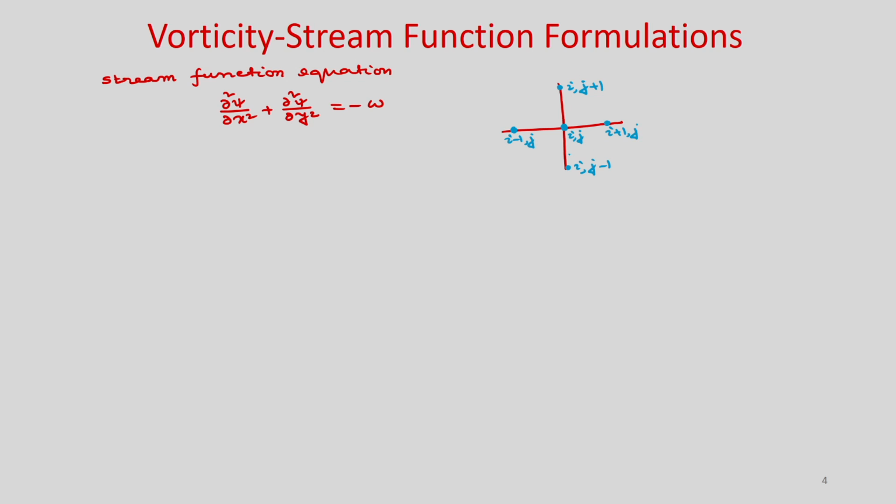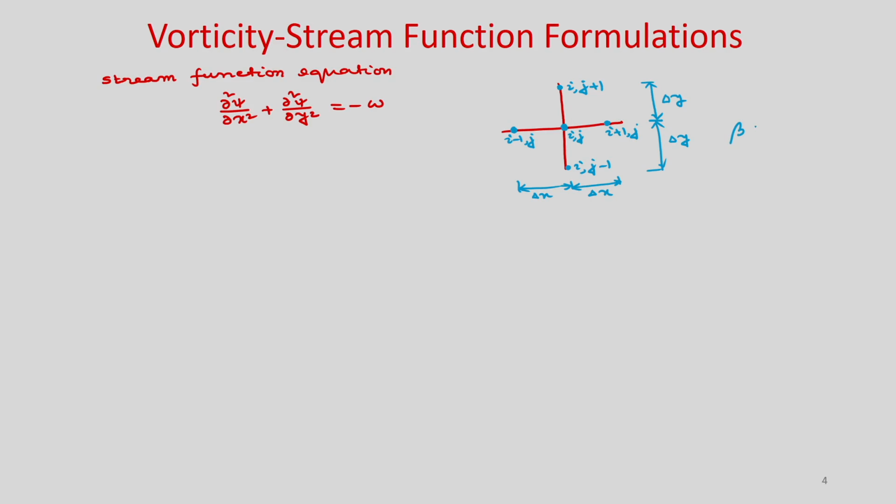So here delta x is constant, and delta y is also constant. Delta x may not be equal to delta y, so we define beta as delta x by delta y, the ratio of the step size in x and y direction.